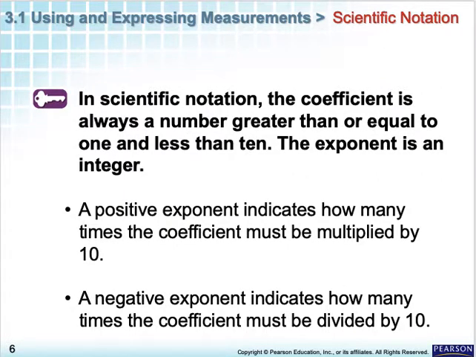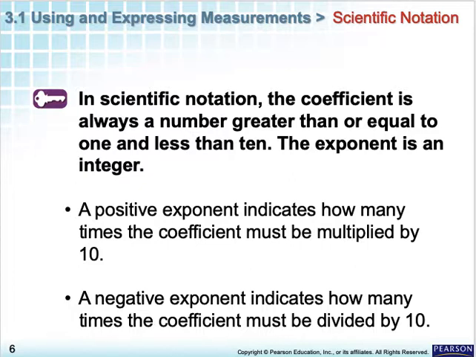In scientific notation, the coefficient is always a number greater than or equal to 1 and less than 10. So it's either 1 point something or up to 9 point something. And the exponent is always an integer. A positive exponent for your times 10 indicates that we've moved the decimal place in a particular direction, and I'm going to talk about that in a minute.